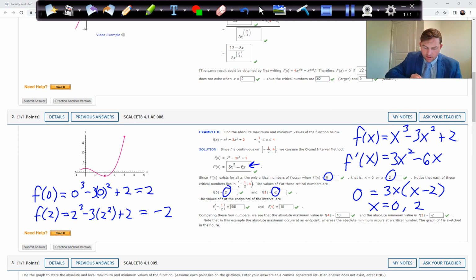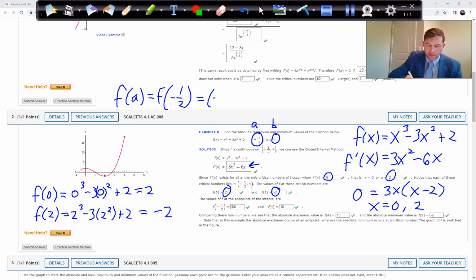Okay, then we also have to check, so the interval is -1/2 to 4. So that's A and this is B. So we also have to check f of A and f of B. So f of A is f of -1/2, which would be -1/2 to the third. Notice I'm plugging these into the original equation, not the derivative.